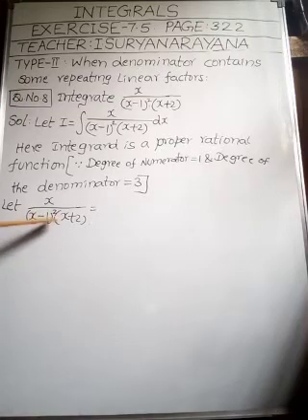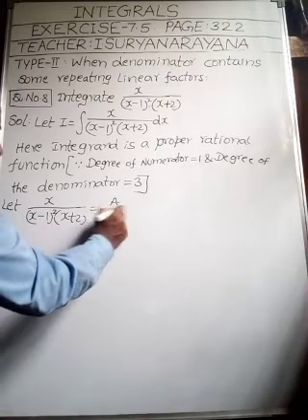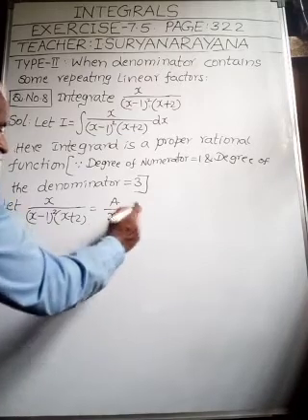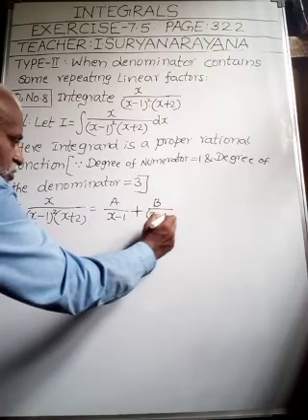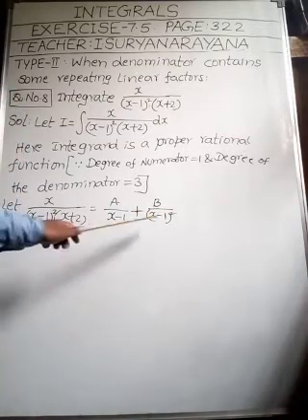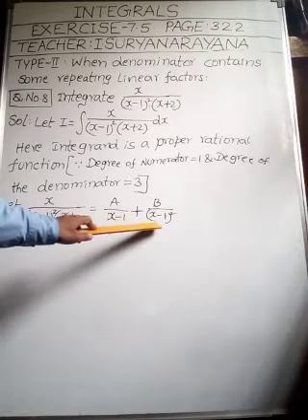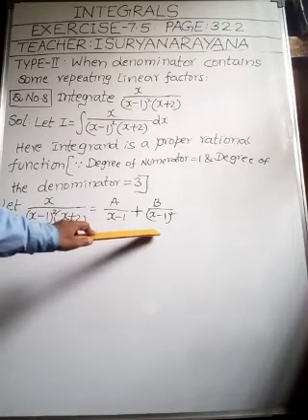So corresponding to this repeated linear factor, we have to write two partial fractions like this: A by x minus 1 plus B by x minus 1 whole square. Okay, my children, because it is repeated 2 times, we are writing two partial fractions corresponding to this repeated linear factor.